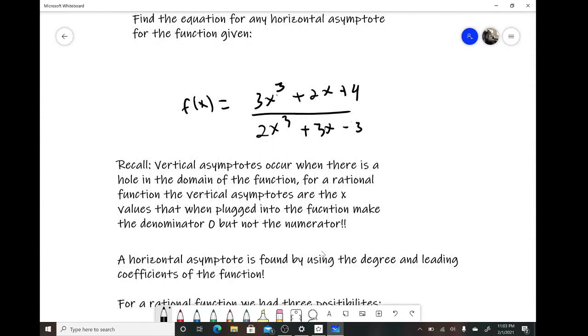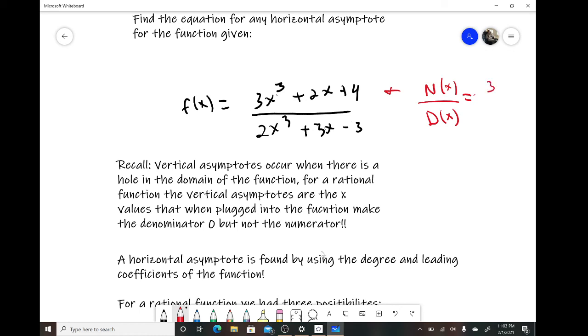For this particular function, notice that the degree of the top function, let's call that n of x for numerator. And let's call the bottom function d of x for denominator. The degree of n is the largest exponent. So remember, 4 has degree 0 because there is no x next to it. 2x has degree 1, we don't write the 1. And 3x cubed has degree 3.